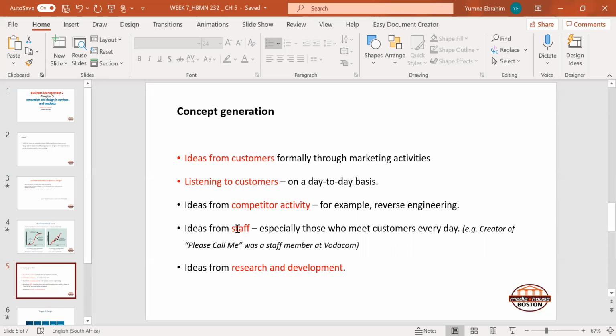But as a staff member, he generated the concept of the Please Call Me, and it has now been very, very successful, replicated across other service providers, and now the Please Call Me's even contain adverts. So it's a huge generator of revenue, and this staff member is trying to get his dues for it. I don't know if that court case has been resolved or is ongoing. We can discuss in class. And then more concepts can also be generated from research and development.